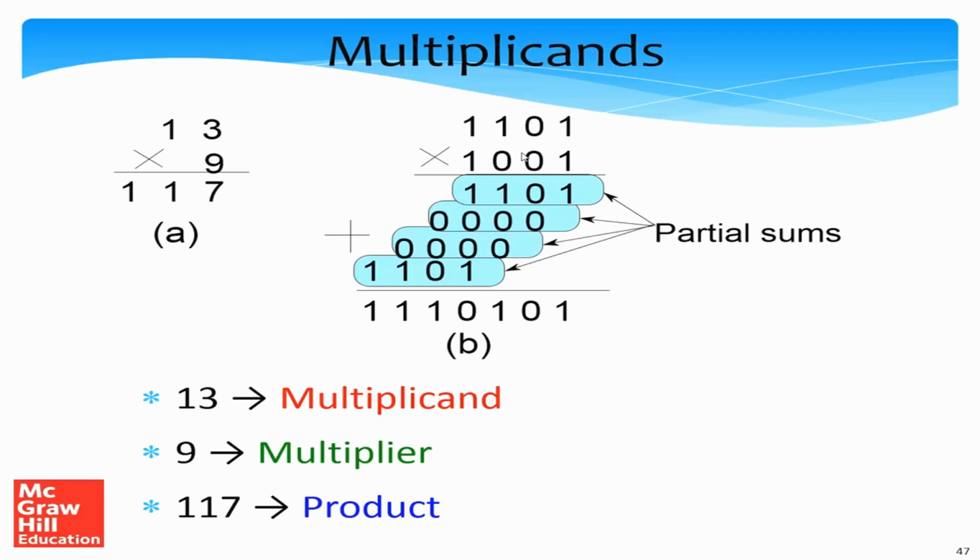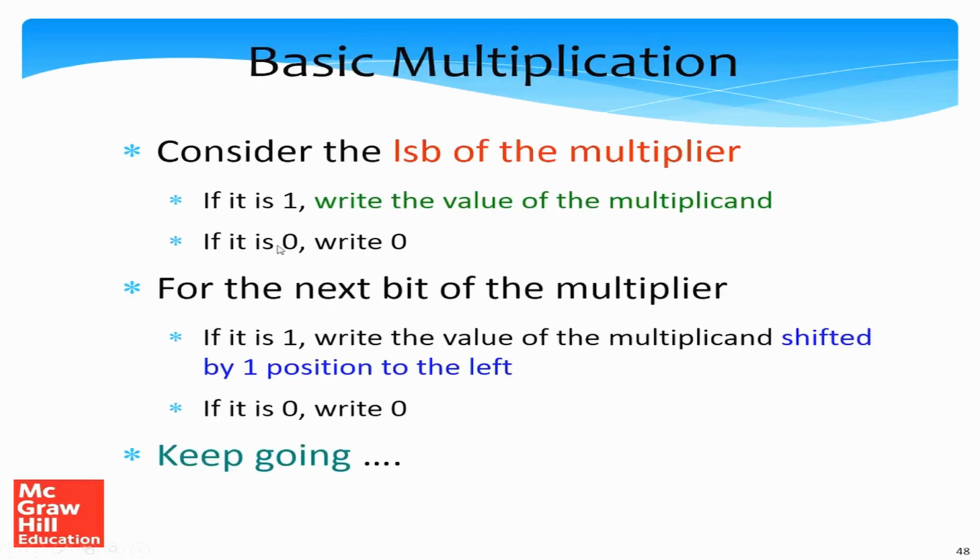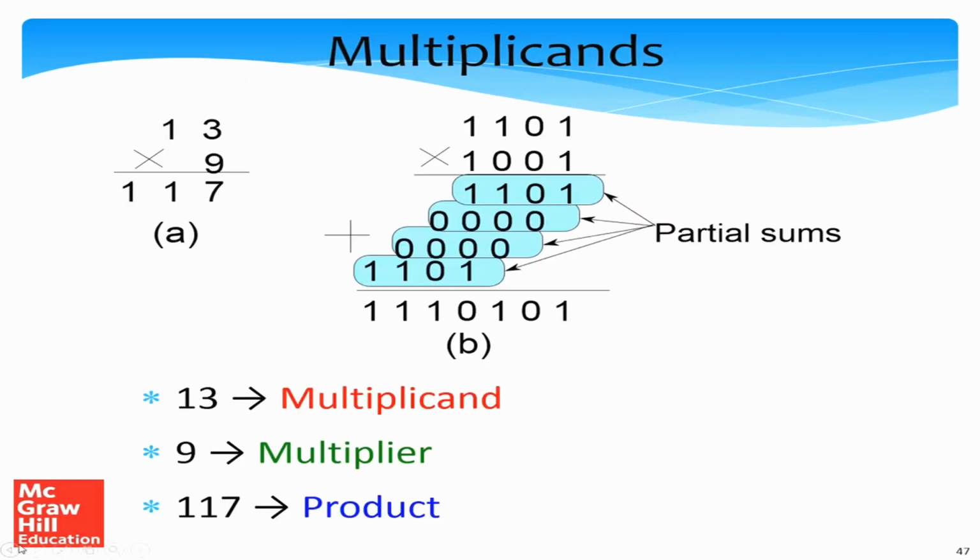Let me once again explain what the partial product is. A partial product is a sum of partial sums. What we essentially do in a multiplication is first create the partial sums. The second partial sum, which is 0, 0, 0, is written in such a way that it is left shifted by one place as compared to the previous partial sum.